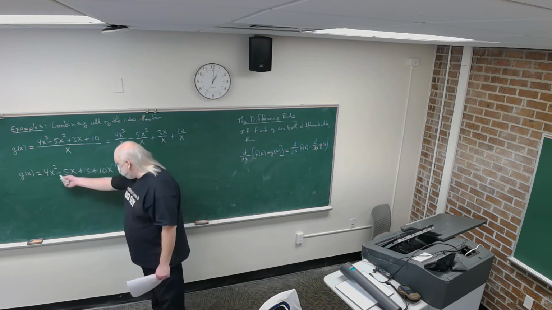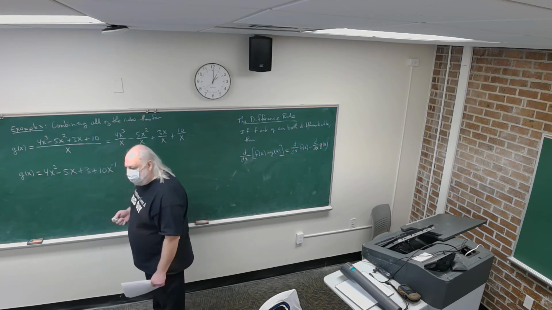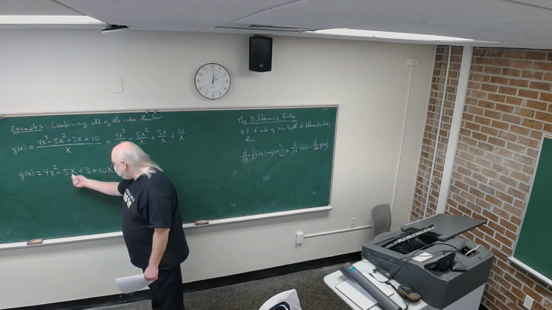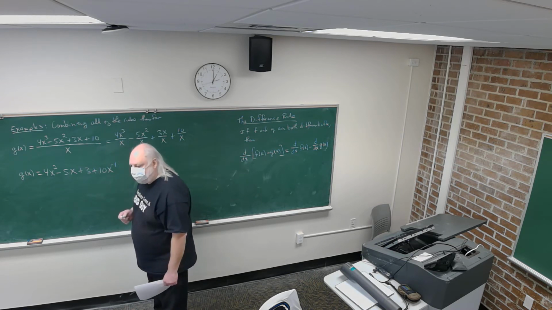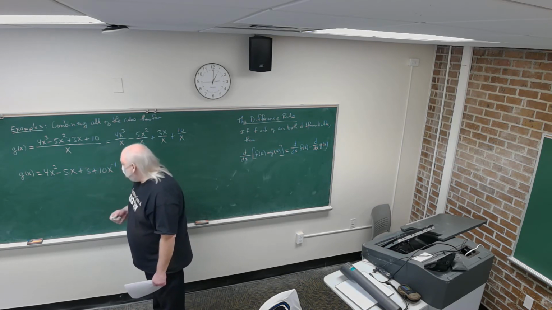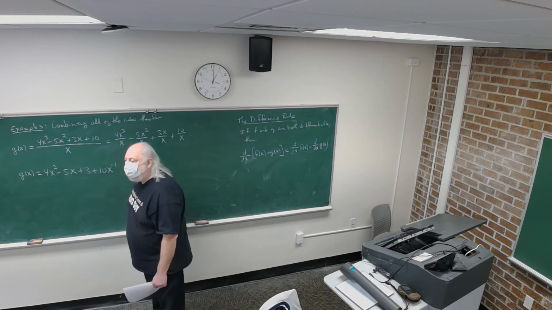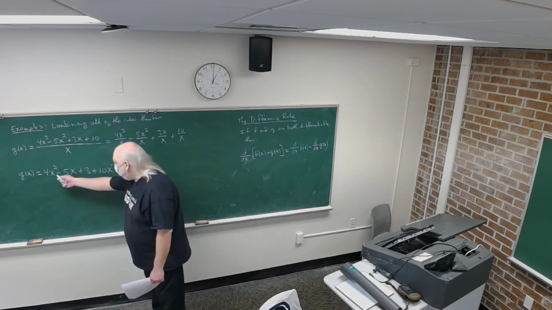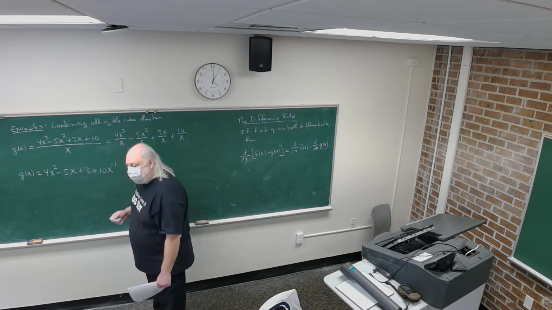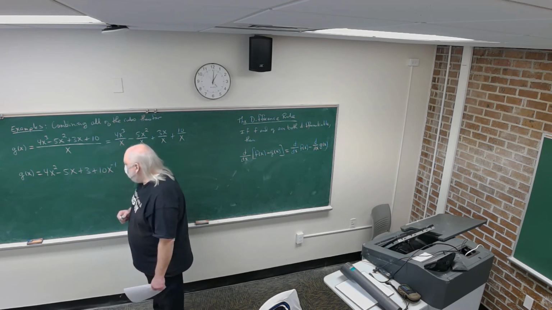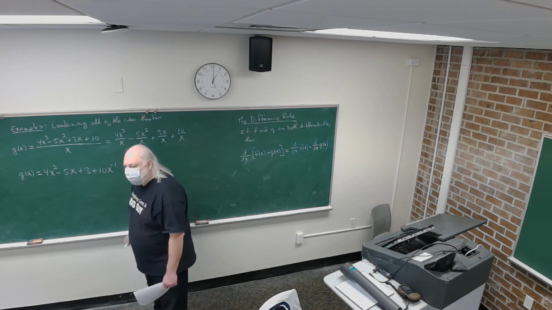So actually we have a sum and difference of functions now, right? Each term can be thought of as its own function. Okay? And so we're adding 3 functions and subtracting 1. And so we can apply the sum and difference rule, right, to each term. And then to each term apply the appropriate rule to find its derivative.